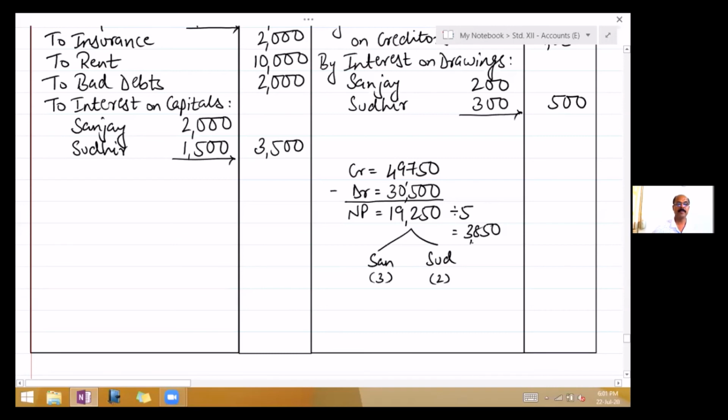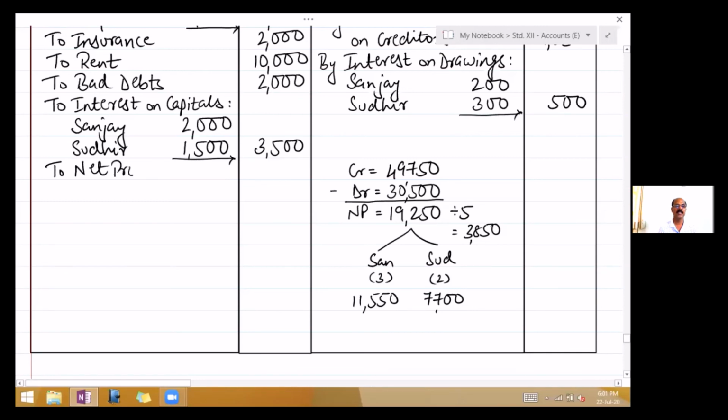Multiply 3,850 by 3, you will get 11,550. Multiply 3,850 by 2, you will get 7,700. So show that net profit on the debit side of the P&L account. To net profit.